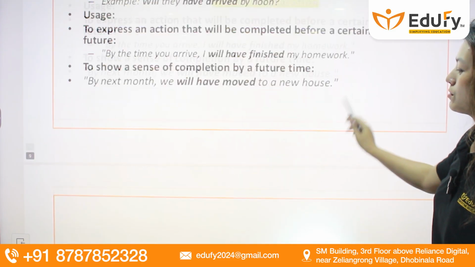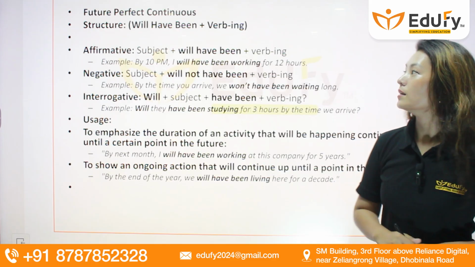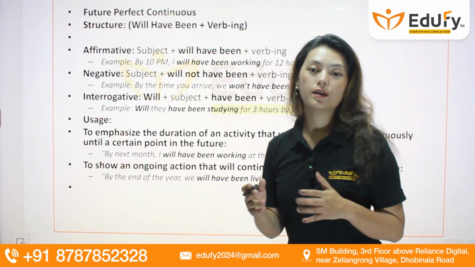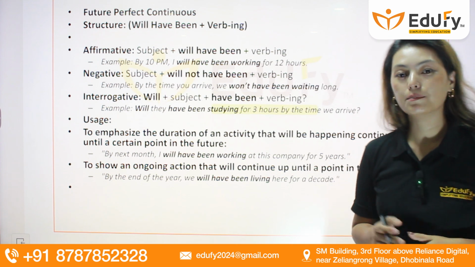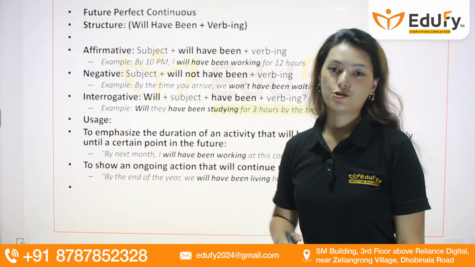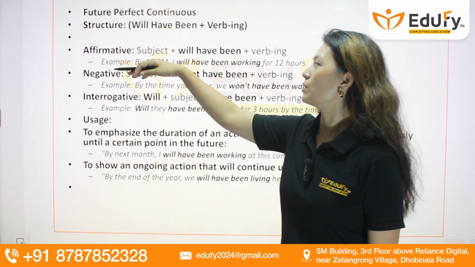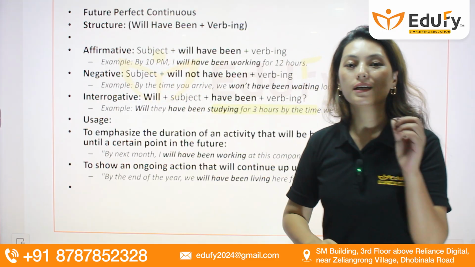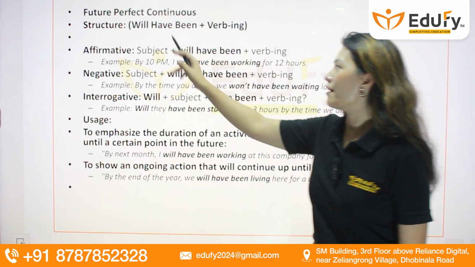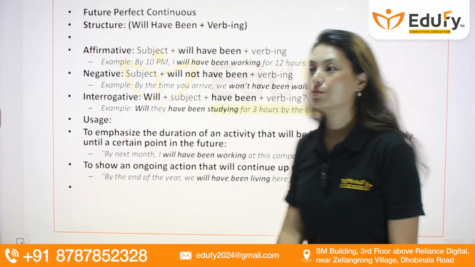We will move forward to the next one, and that is the future perfect continuous tense. The words themselves seem very long, but if you understand the concept, it's very simple. Just remember the structure. The future perfect continuous tense will have the subject plus the auxiliary verb will plus the combination of the words have been and the verb in ing form, since it is a continuous form.